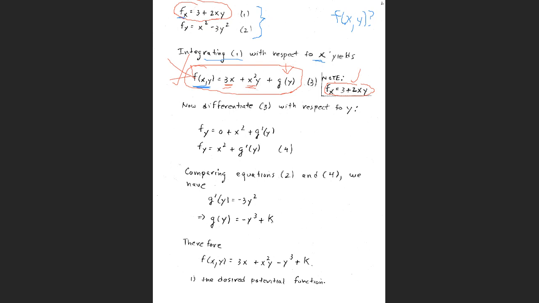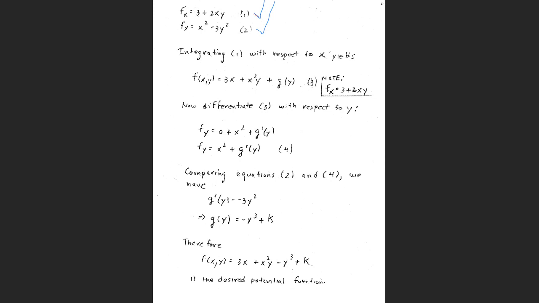So, I'm trying to find out what the function is. Now, I have to use all the information in the problem. So I've utilized the first equation, but now I've got to utilize the second equation, the second partial derivative, the partial derivative of f with respect to y.